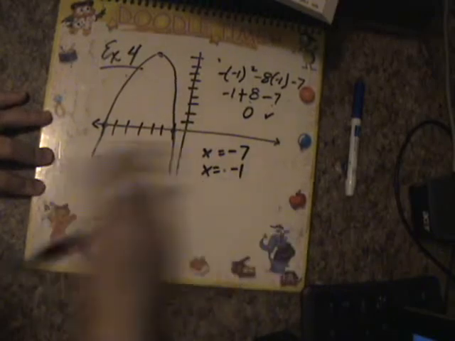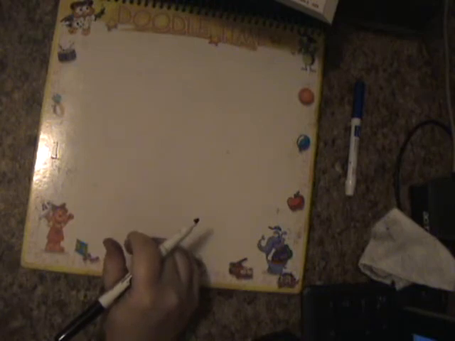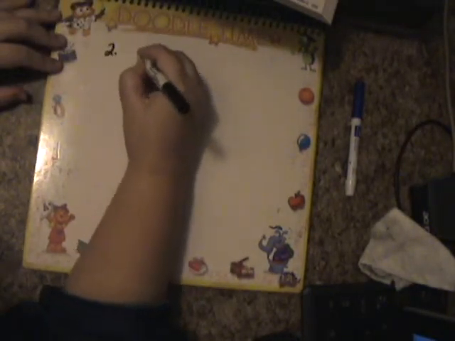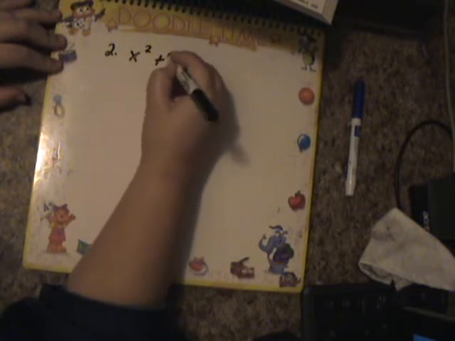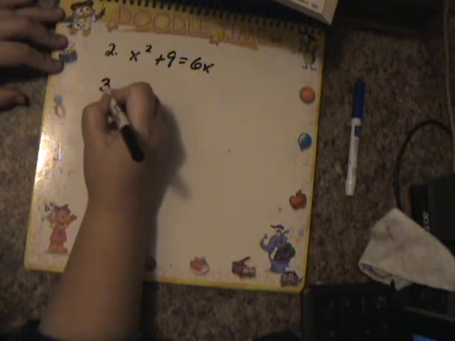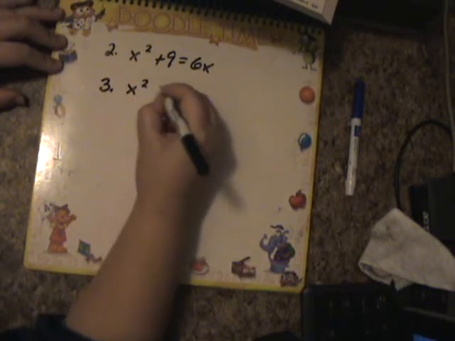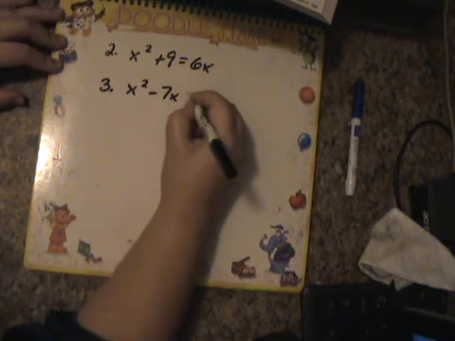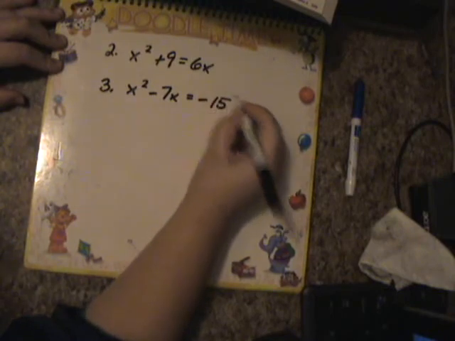Now, try a few problems on your own. A couple of problems that I have here. Number 2, x squared plus 9 equals 6x. Number 3, x squared minus 7x equals negative 15.